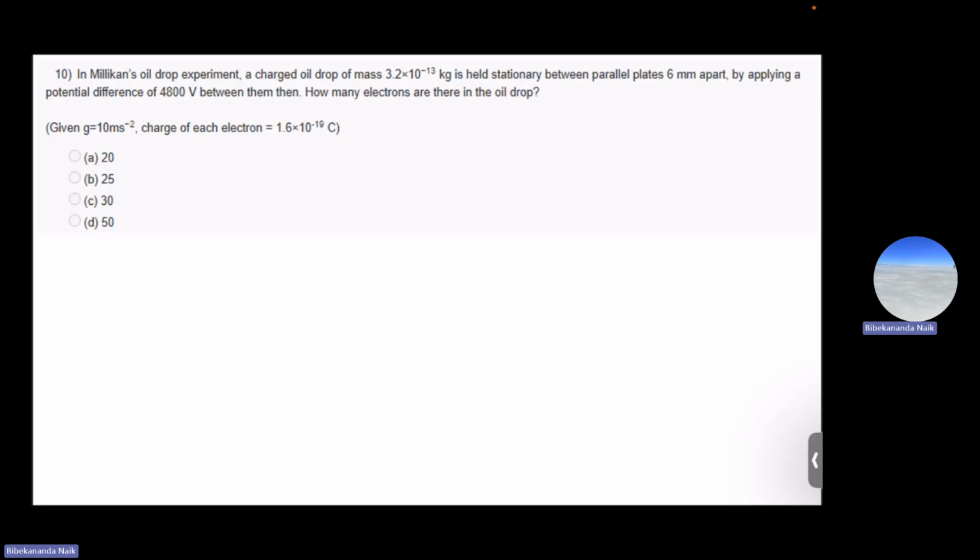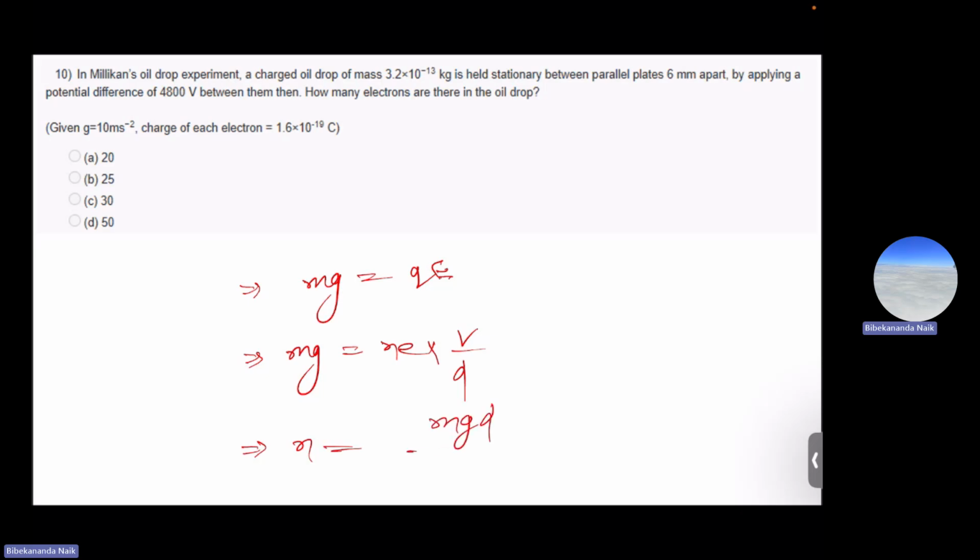So it is pretty much similar to the previous question. Again, we know mg equals QE, or you can say mg equals nE, and E is V by D. So n is mgD by eV.